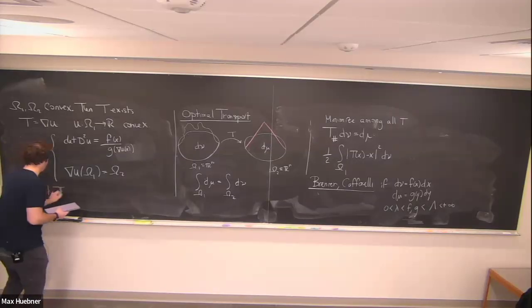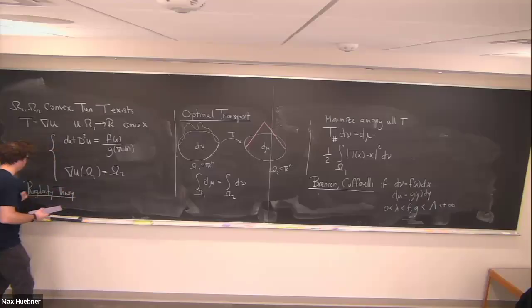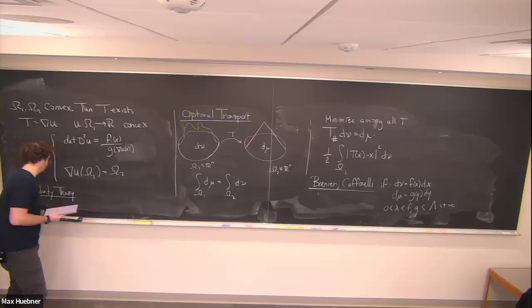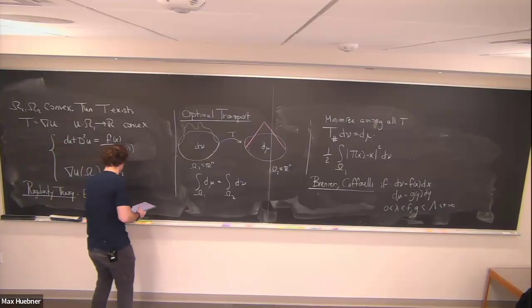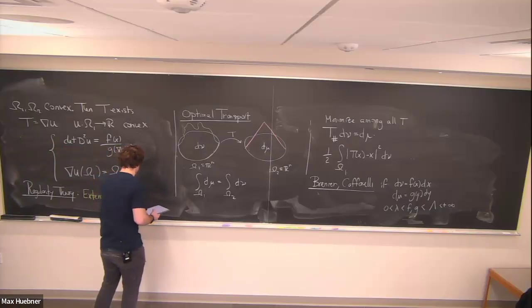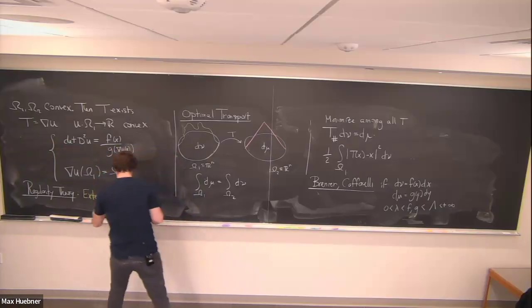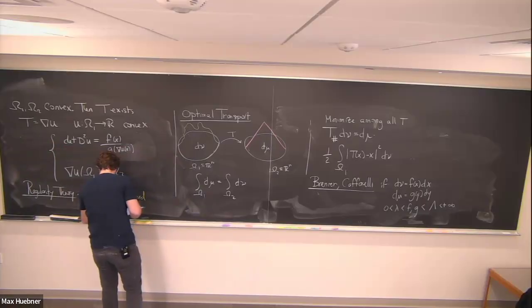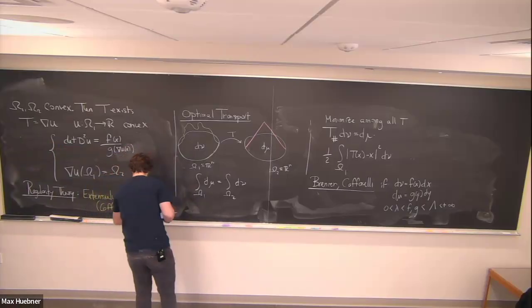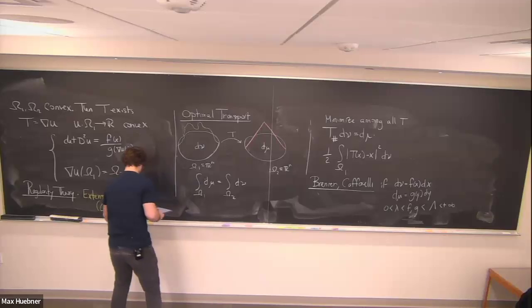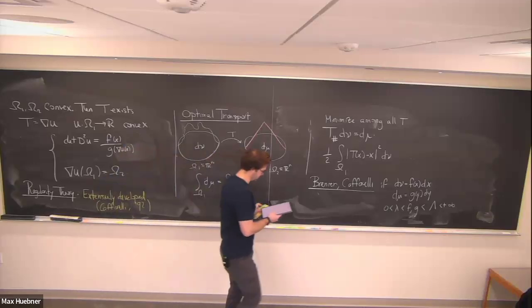Of course, this is a huge subject, so I'm not going to pretend to say anything complete about it, but it was extensively developed in particular by Caffarelli and others in the 90s. In particular, in 1992, Caffarelli proved several results which describe the regularity theory in quite a lot of generality.